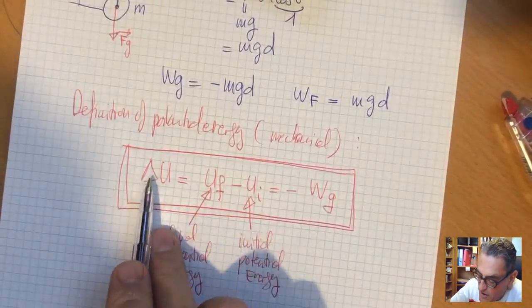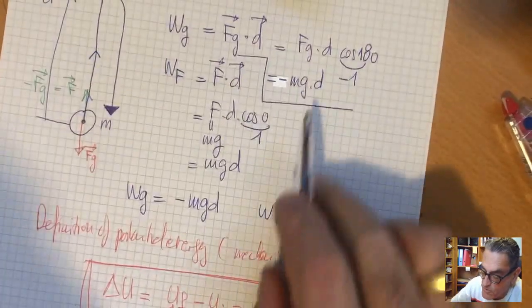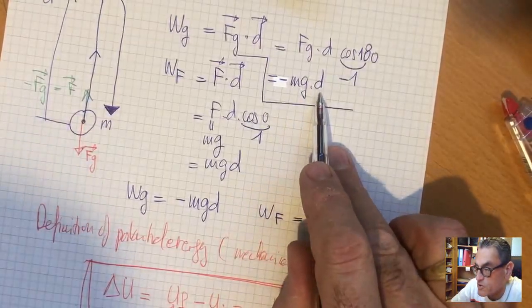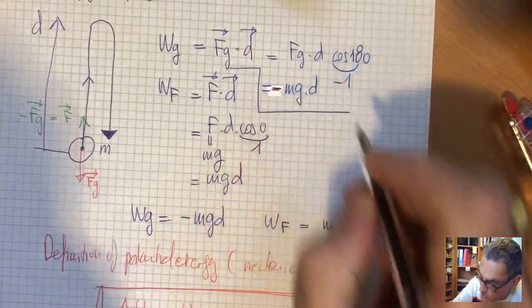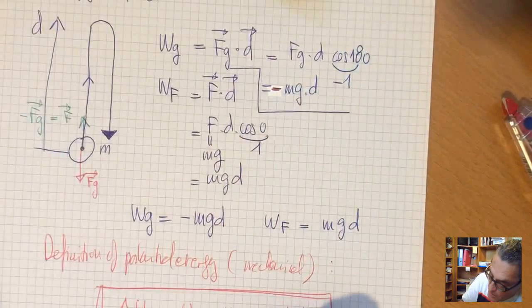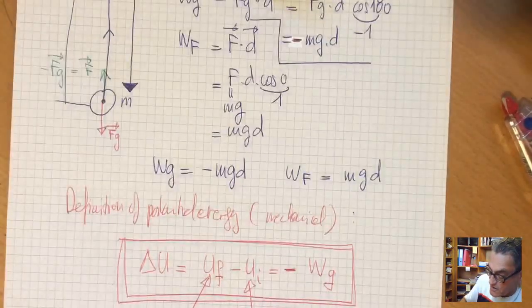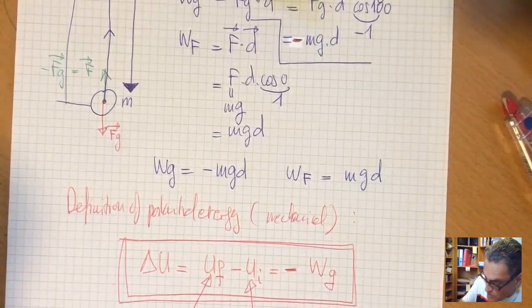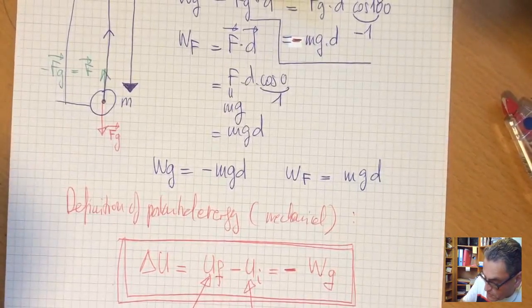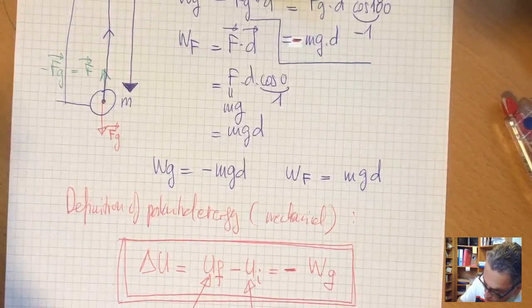So the delta U is minus the work of the gravitational force. The work of the gravitational force, we computed it here. There was a minus in front of it, and so this minus here is just to remove the minus that there is there, and so delta U, which is the final U minus the initial U, is just mgh.